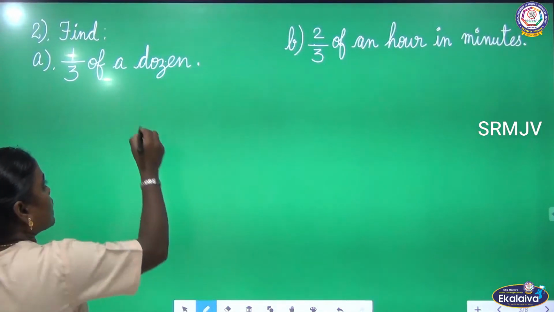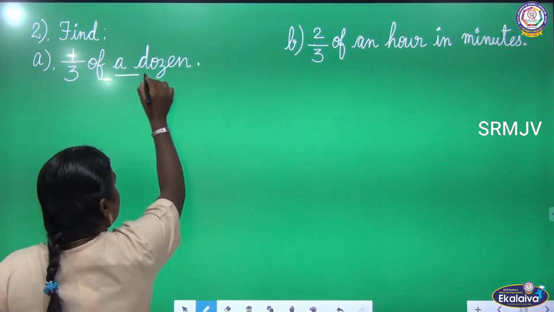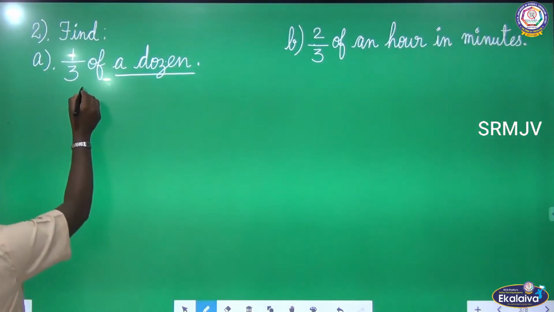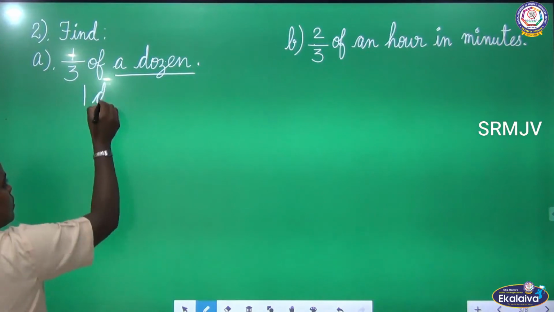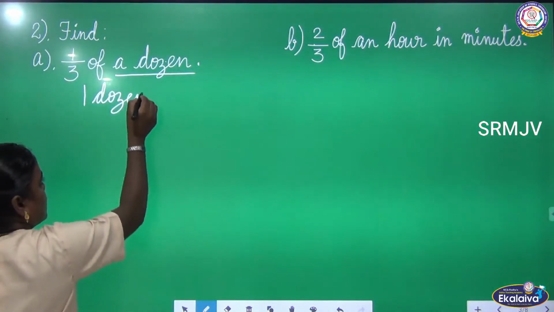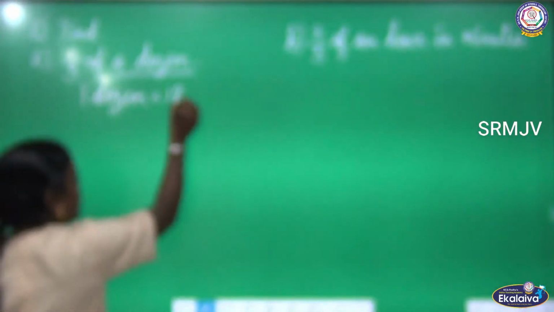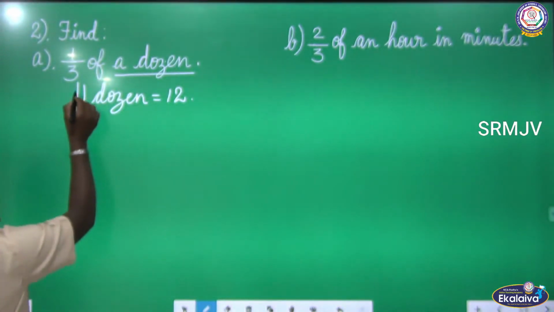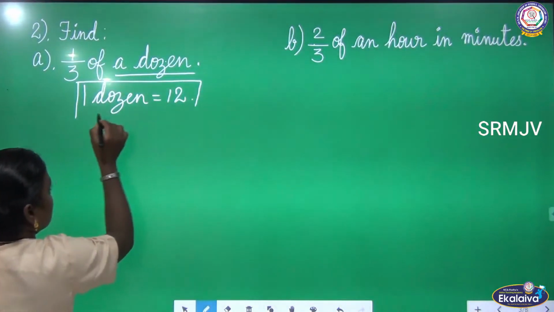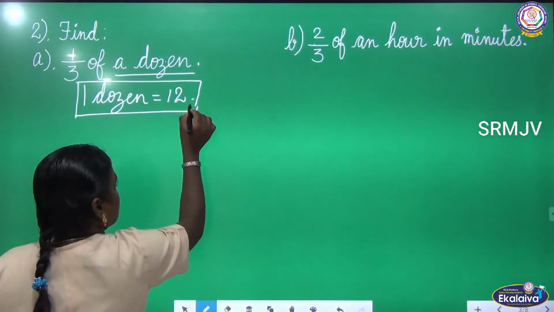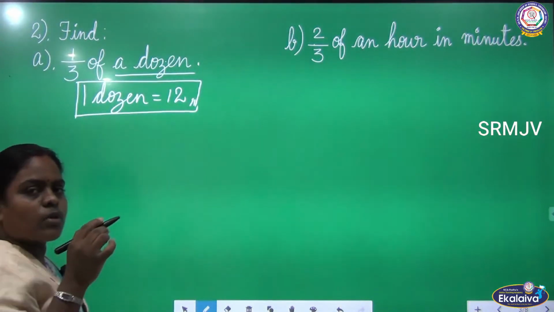Yes, here a clue is given. A dozen. What does a dozen mean? 1 dozen equals 12 numbers. Yes, 1 dozen equal 12. So this is the whole number which we have to use.